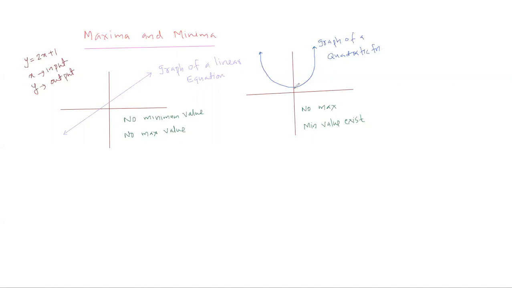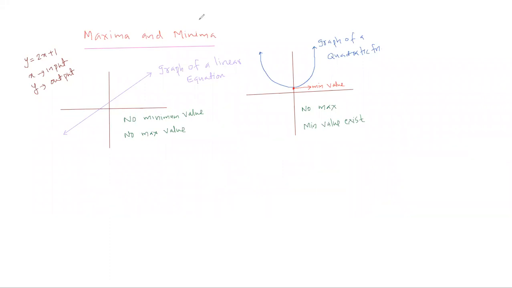See this vertex. Here is the minimum value. Whatever value, say if it is 1, then below that you will never get a value of the graph or the function. So for this particular example, there is a minimum value, but there is no maximum value.